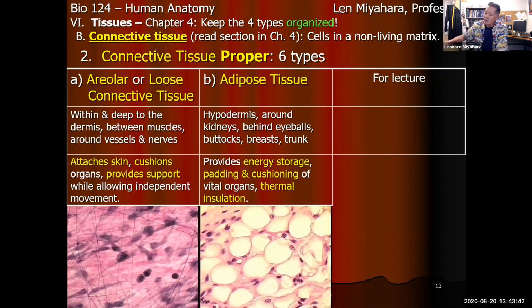Next one, 2 words, elastic cartilage. Next one, 1 word, fibrocartilage. Next one, 1 4-letter word, bone. Next one, 1 5-letter word, blood. That gets you the full point.